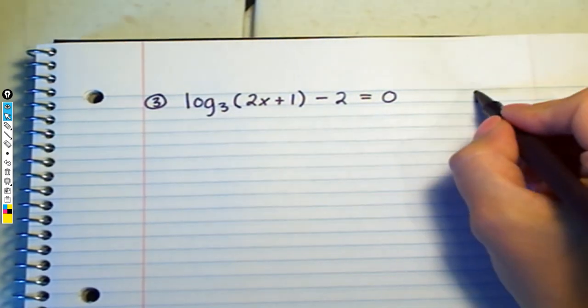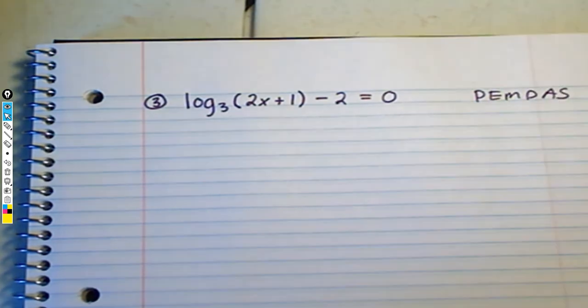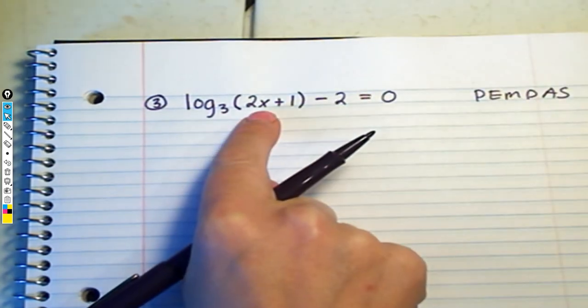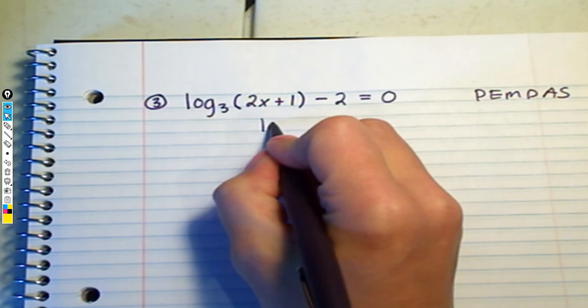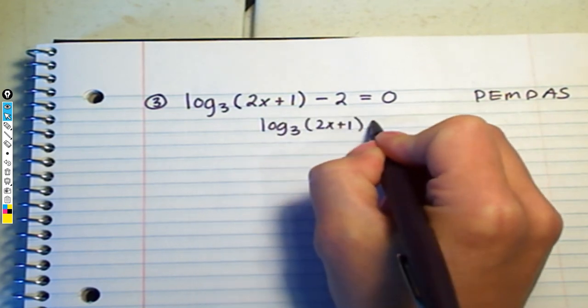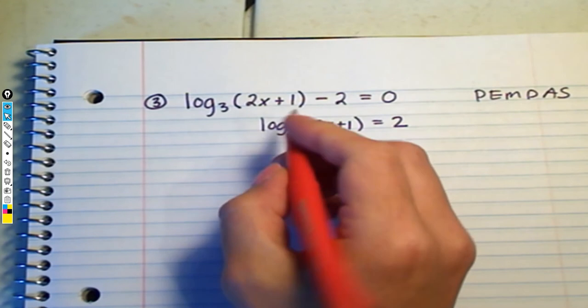Let's think about our PEMDAS here. I'm trying to isolate the x. So I'm going to start by adding the 2 to the other side. And then I'm going to exponentiate with a base 3.